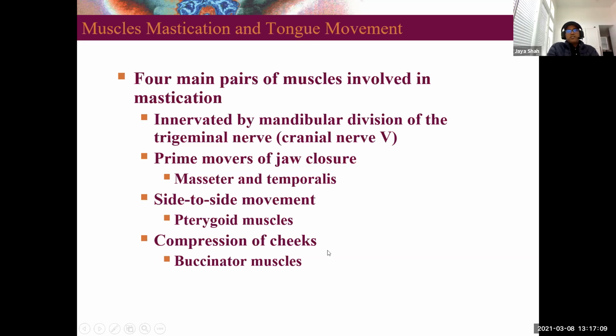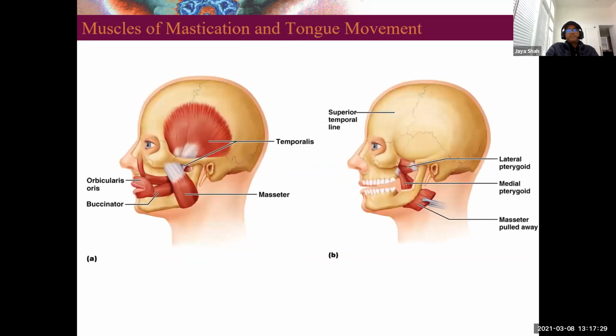Compression of the cheeks, or whistling and sucking, is by the buccinator muscles. So these are the 4 main groups of muscles of mastication. If in the exam you see which one of the following is not a muscle of mastication, you need to know. This is in our list too. The main muscles of mastication here: temporalis, masseter, buccinator, pterygoid.